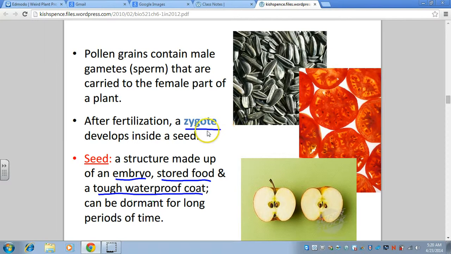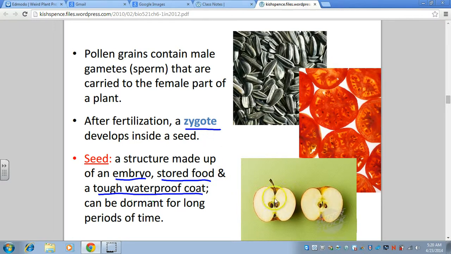Once fertilization happens, a zygote is formed. It's the same thing as in us. So when the egg and the sperm unite in the production of a human, the first cell that's made is called a zygote. Now for a plant, the zygote develops inside of a seed if they're a seed-producing plant.